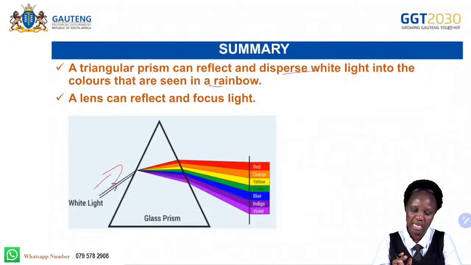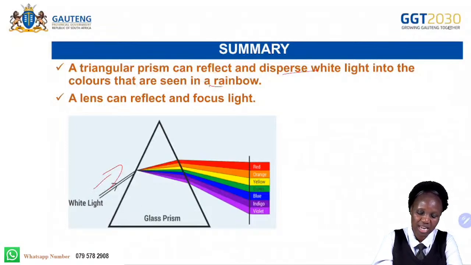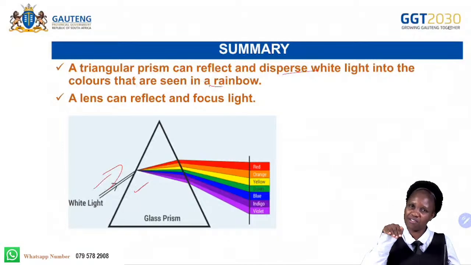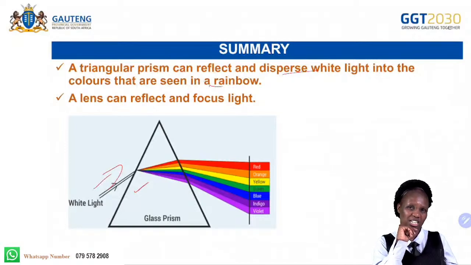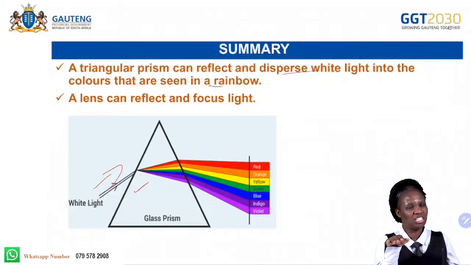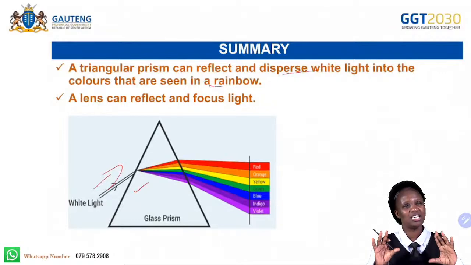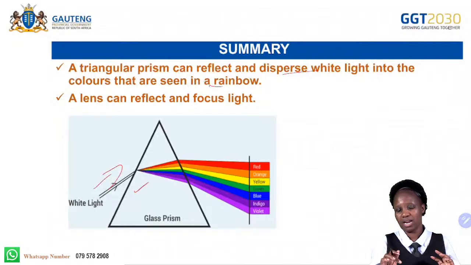All right. The white light is going to strike a glass prism, this one, and then what will happen to the white light? It will refract. What do I mean by refraction? It bends, it changes direction, all right? And then as it bends, it disperses into the colors of the rainbow.